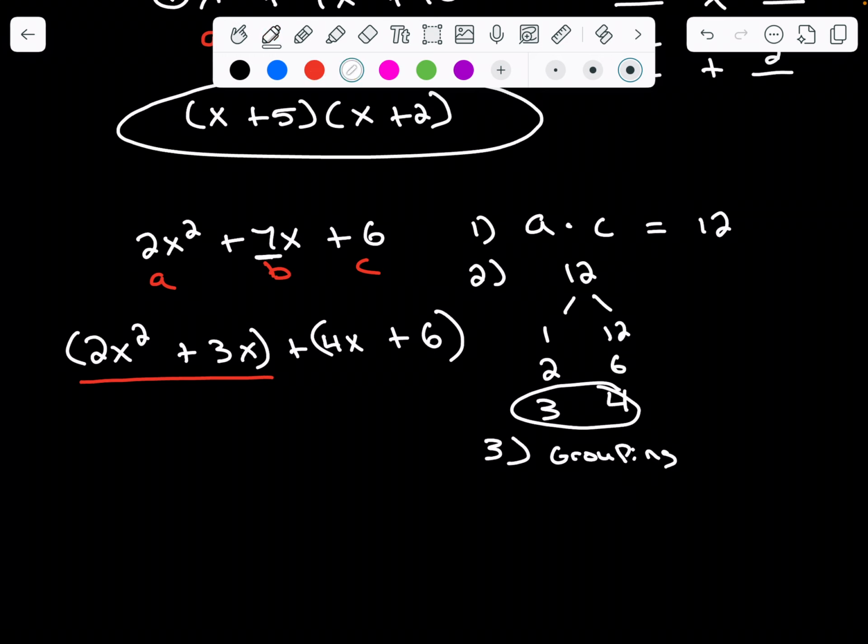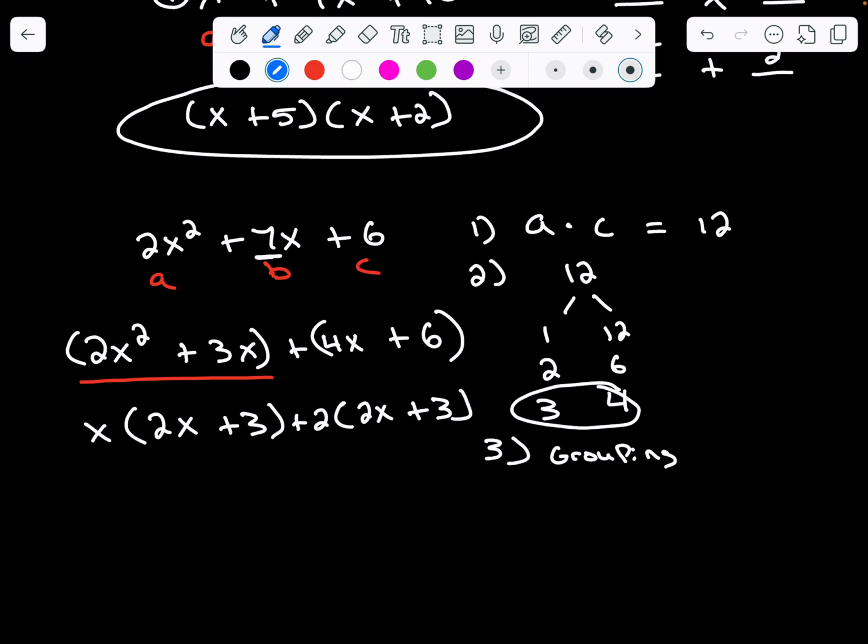Well, the greatest term that goes into both of these looks like x. So if we pull out an x, we're left with 2x plus 3. And then the same question here, well, it looks like a 2 is the greatest multiple that I can pull out of there. So we're left with 2x plus 3.